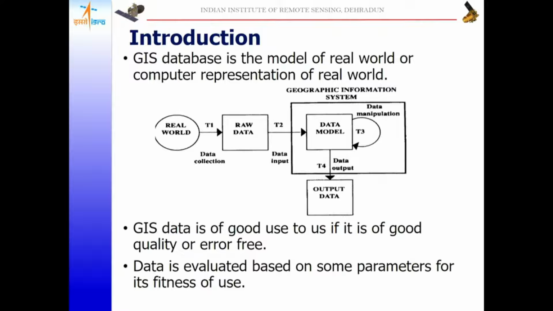And finally for visualization, we make good maps using that, and then the information is sent to the particular department or agencies.